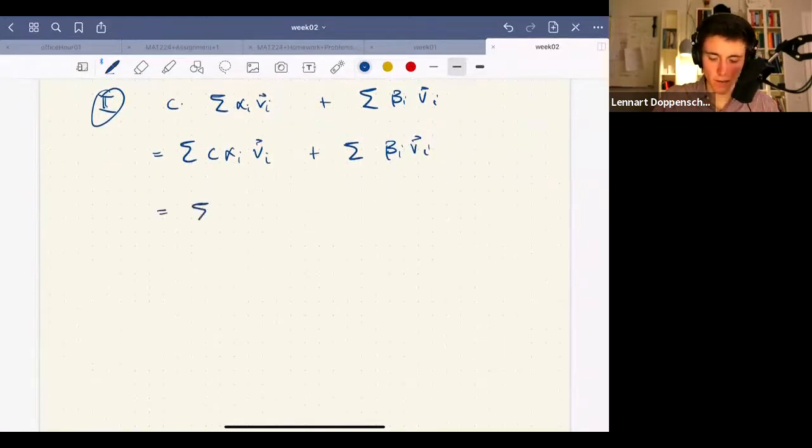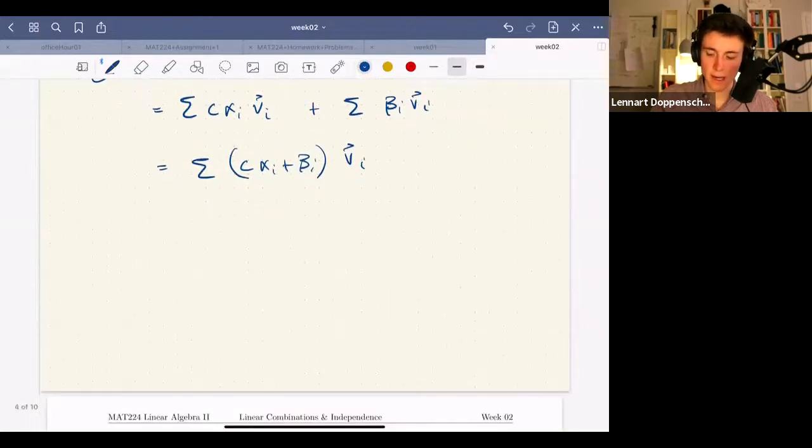Meaning now we get C alpha I plus beta I VI. And again, the solution is given by viewing this as a new coefficient of another linear combination.